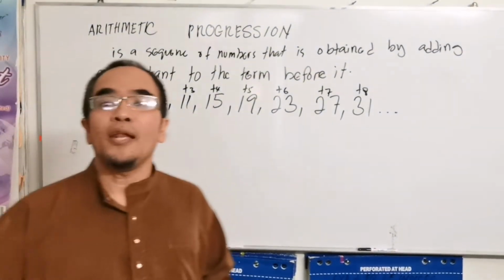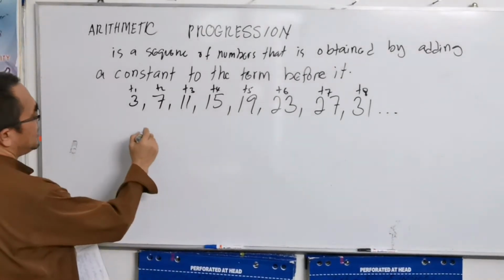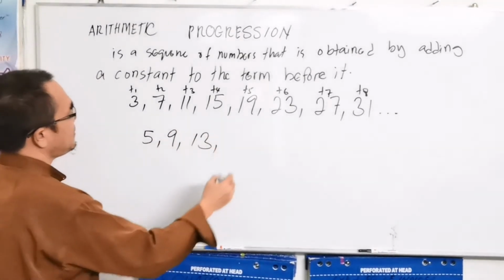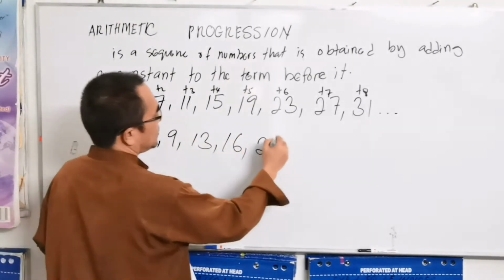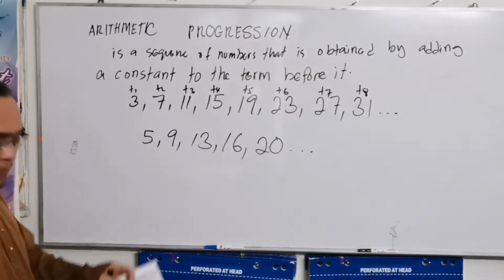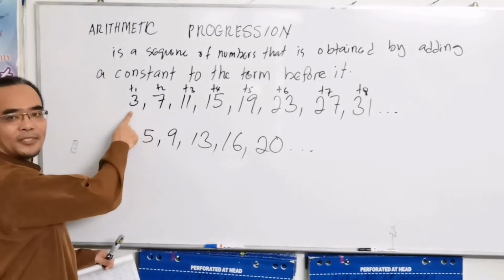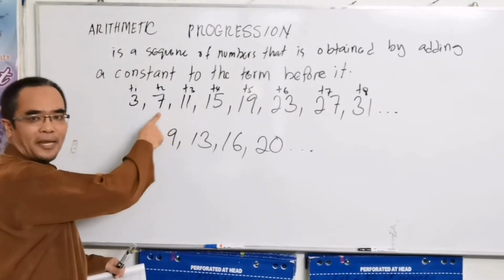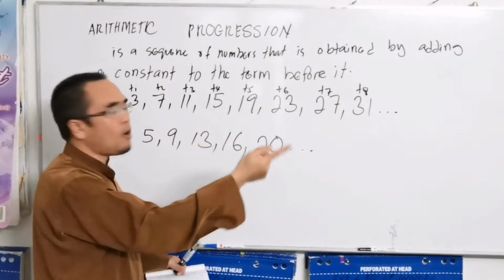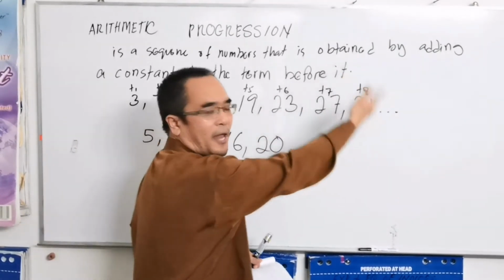So what is not an arithmetic progression? For example, if I start with 5, 9, 13, 16, 20, this one is not an arithmetic progression. Why? Look at the top first: 7 minus 3 is 4, 11 minus 7 is 4, 15 minus 11 is 4, 19 minus 15 is 4.